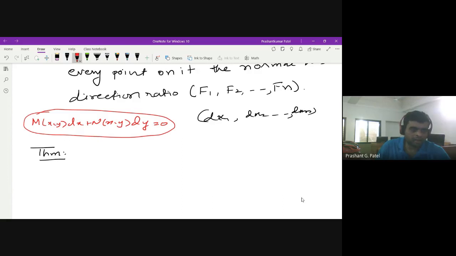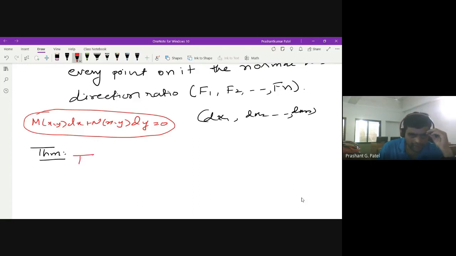But here this theorem tells you that for any Pfaffian differential equation in two variables, there always exists an integrating factor.